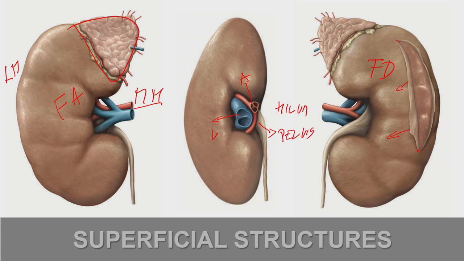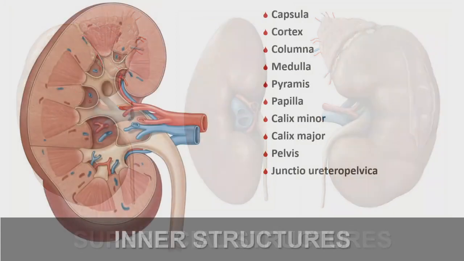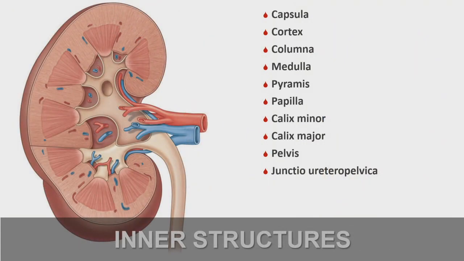So the pelvis is the most dorsal structure. Then the approach for surgery is from the dorsal part, from retroperitoneum. So please remember that the anterior structure is a vein, then artery, and then pelvis.